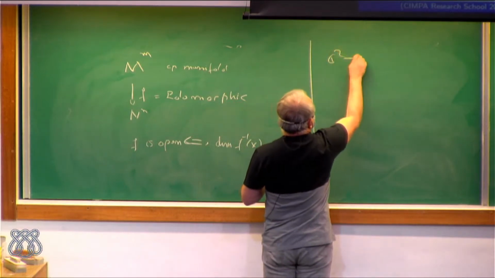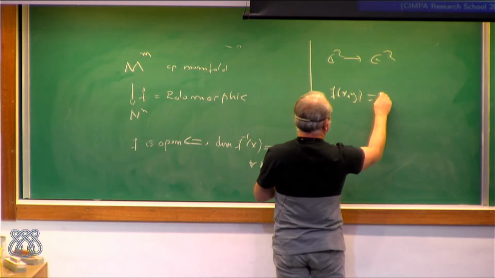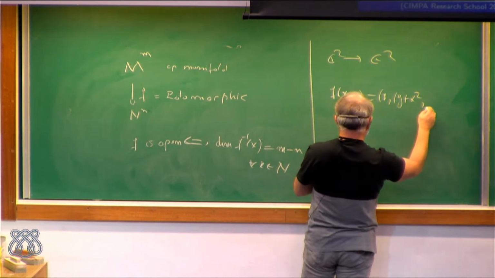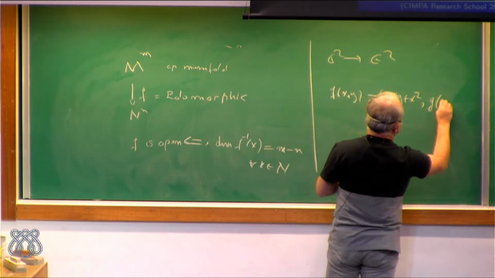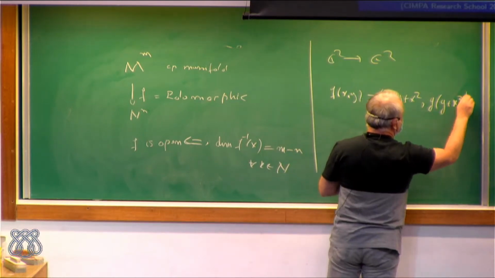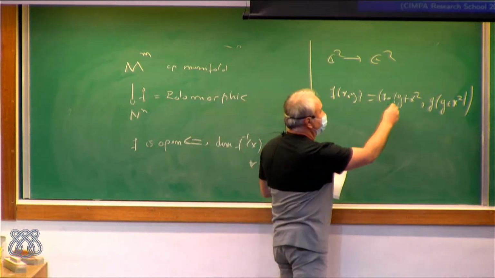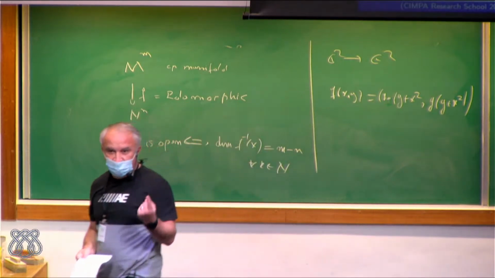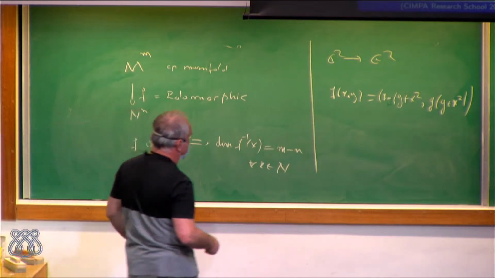From C^2 to C^2, f of x and y is equal to x comma y plus x squared, no, x times (y plus x squared), y times (y plus x squared). The fiber above 0 of this map has dimension 1, which is more than you expect. You expect dimension 0. Still, this map is open at 0.